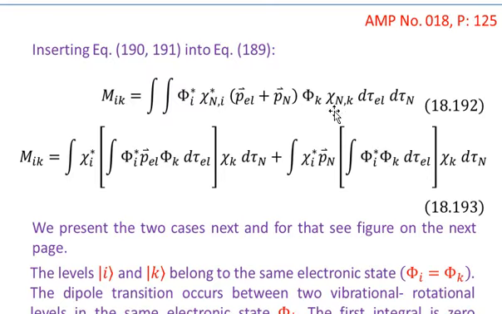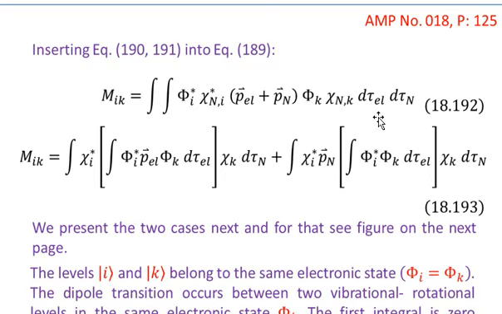So chi n stands for the nuclear wave function and k stands for the kth electronic state. So you see that this product of wave functions corresponds to the kth electronic state, and the product of the ith wave functions corresponds to the ith electronic state.